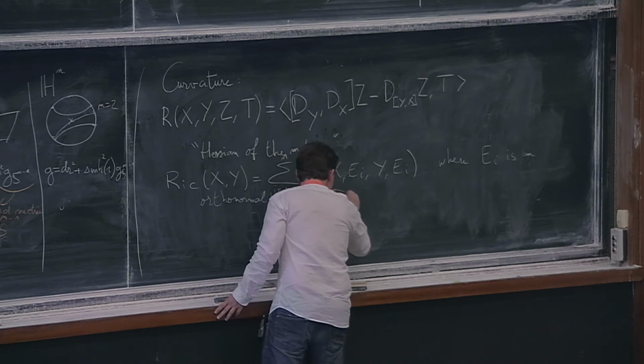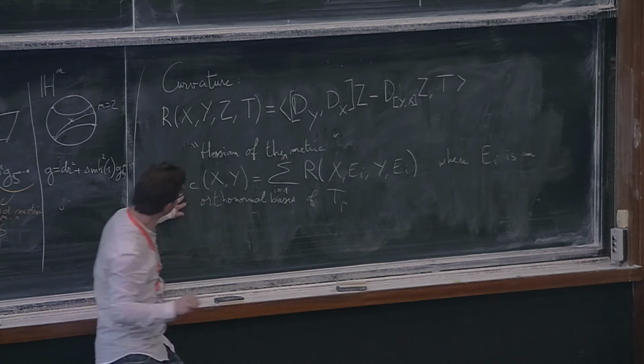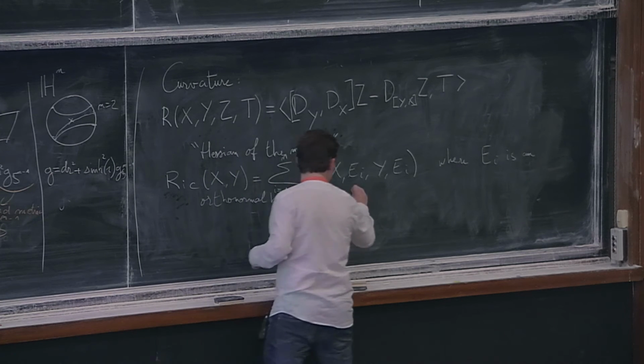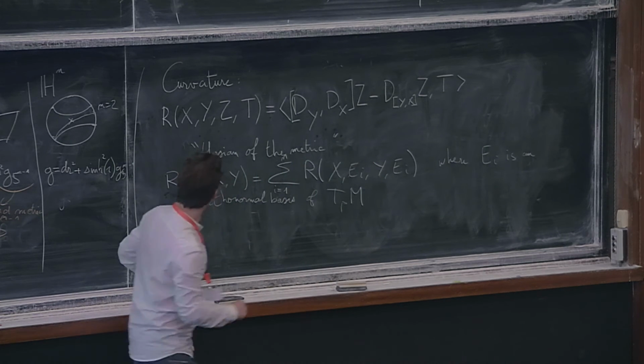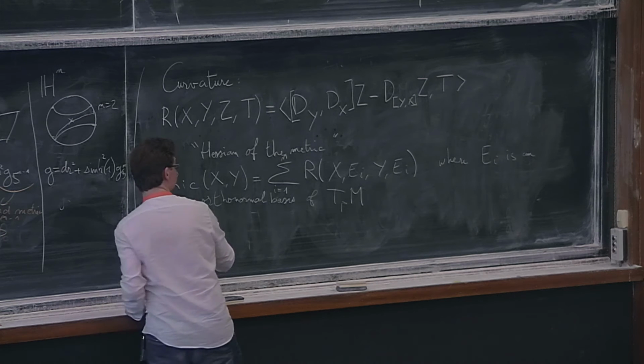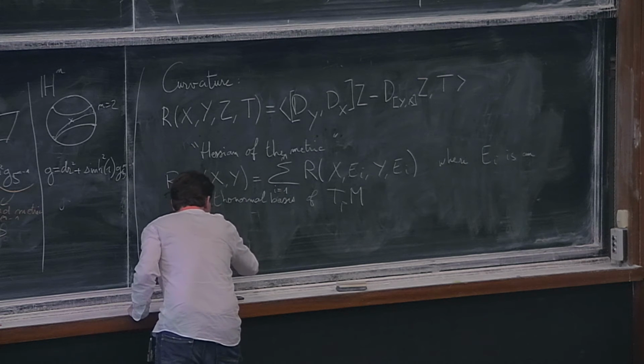So you can define this at every p if you want, of T_p. Okay, so this is the trace of the Hessian, so this will be the Laplacian of the metric.